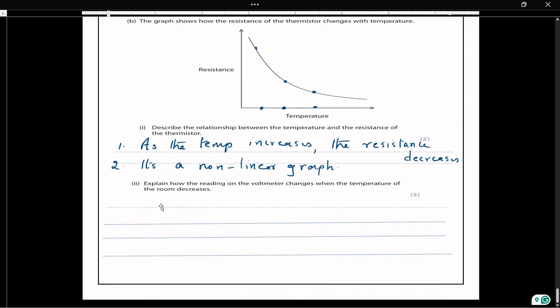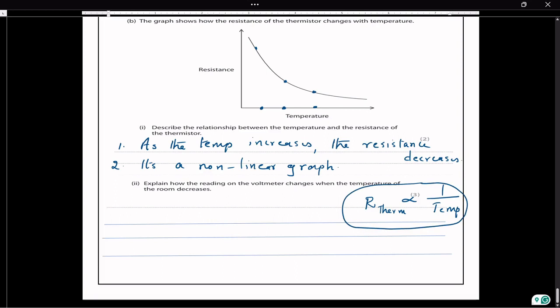Now the last part is explain how the reading on the voltmeter changes when the temperature of the room decreases. As you know, the component is the thermistor, and we know that the resistance of the thermistor depends on the temperature, inversely proportional. This is the property.